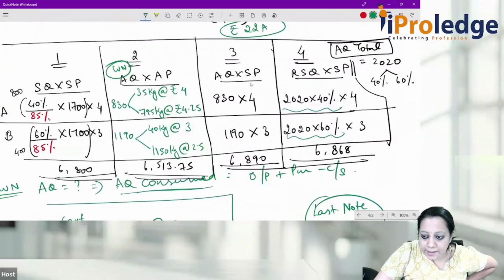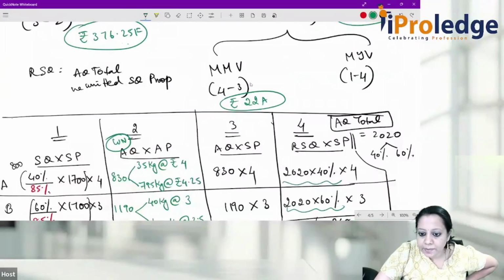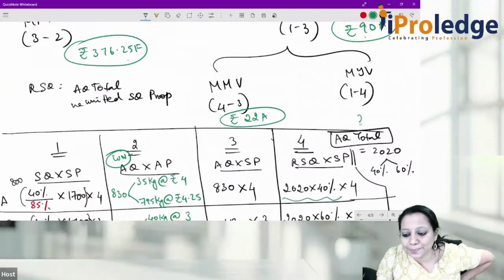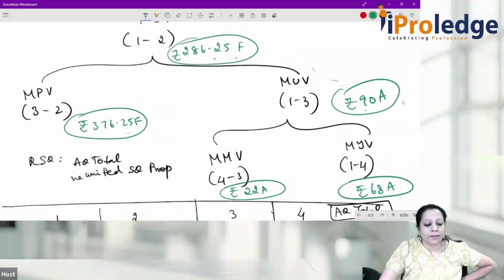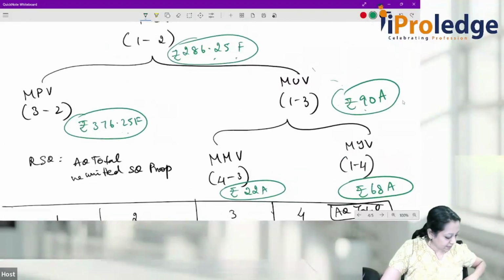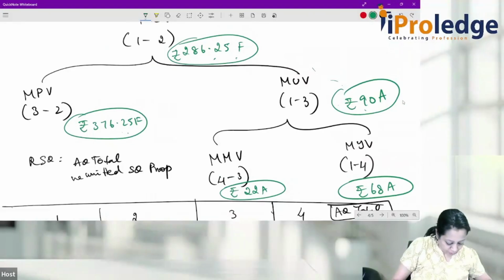And yield variance is 68 adverse. That's it. So I think by now, even the twisted problem must have been a little simple for you, is what I'm hoping for.